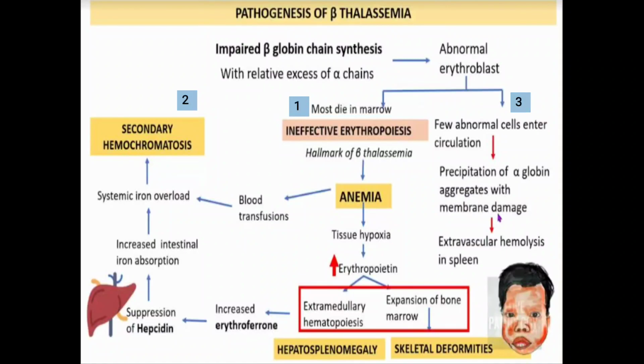So due to extramedullary hematopoiesis, there is going to be hepatosplenomegaly, and expansion of bone marrow leads to skeletal deformities.